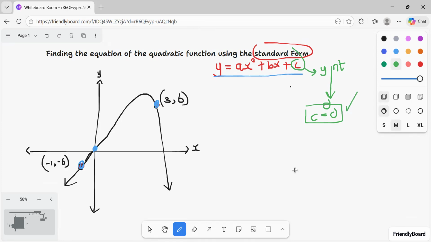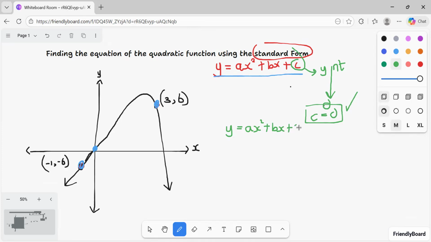So let's sub in the value of c that we have just found into that equation. Our equation now becomes y is equal to ax squared plus bx. We say that c is 0, so instead of writing c, I'm going to write 0.